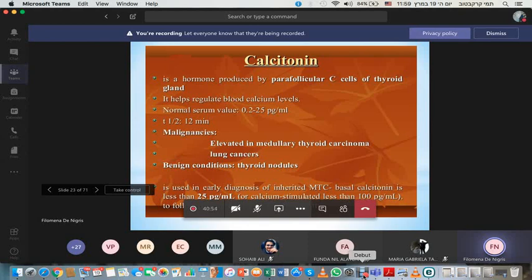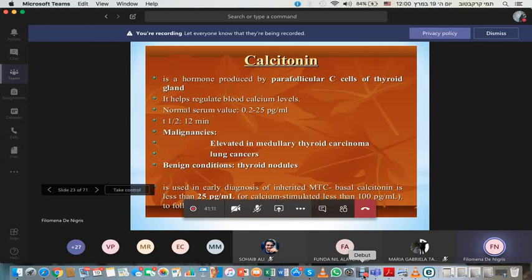It is particularly elevated in medullary thyroid carcinoma, but also in lung cancer. As I told before, it can be elevated also in benign conditions such as nodules.